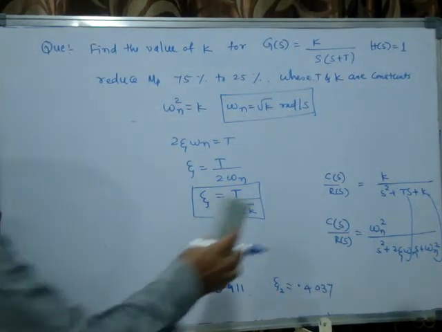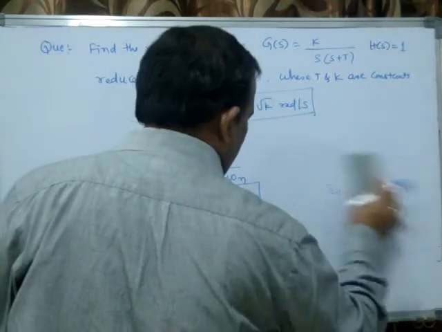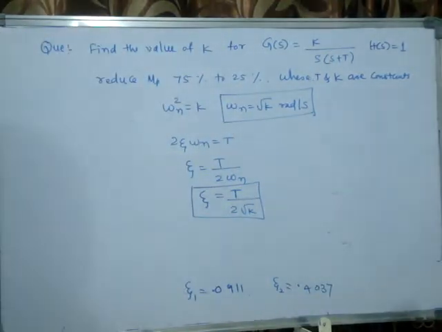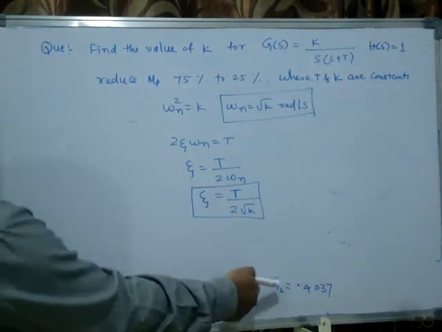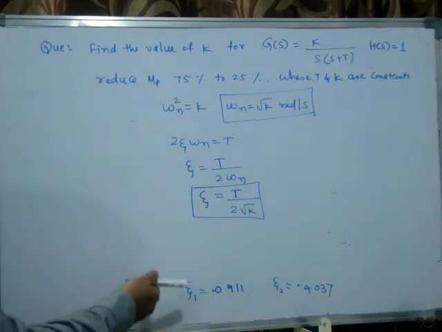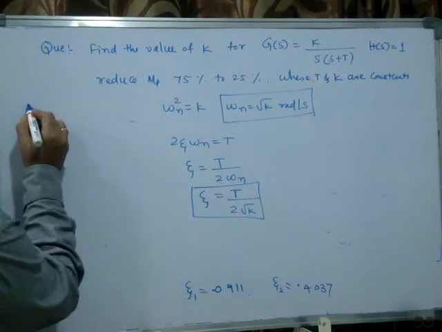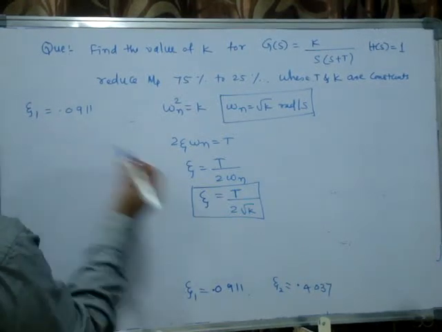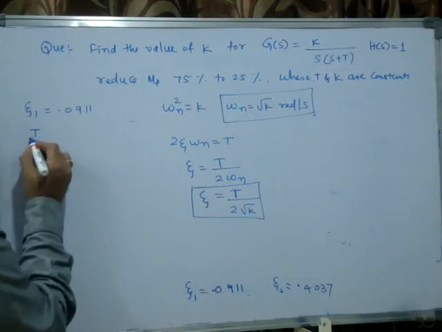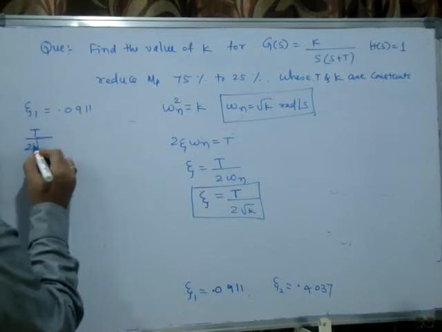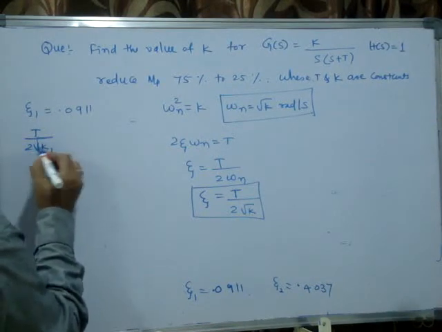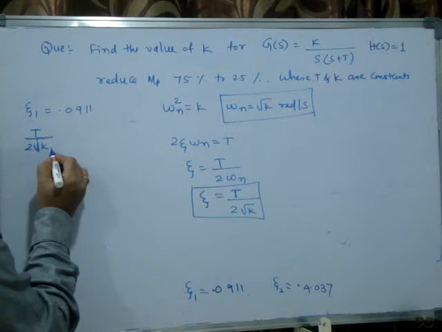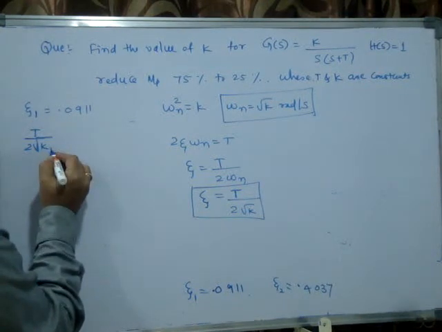But I have two zeta values. This is for 75% MP, this is for 25% MP. Now I'll apply this formula. I'll take zeta 1 equal to 0.0911. Zeta is nothing but T divided by 2 root of k. In this case, T is a constant and k is the variable. K becomes k1 because zeta is equal to zeta 1.